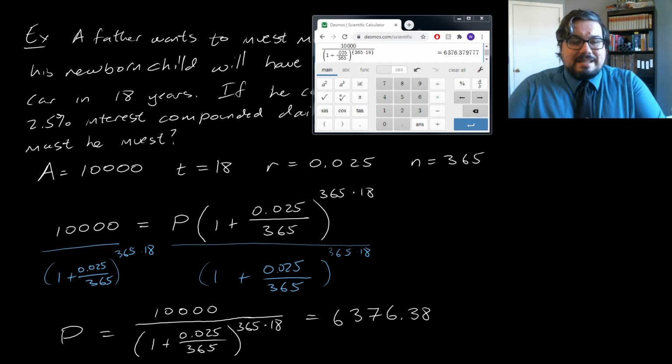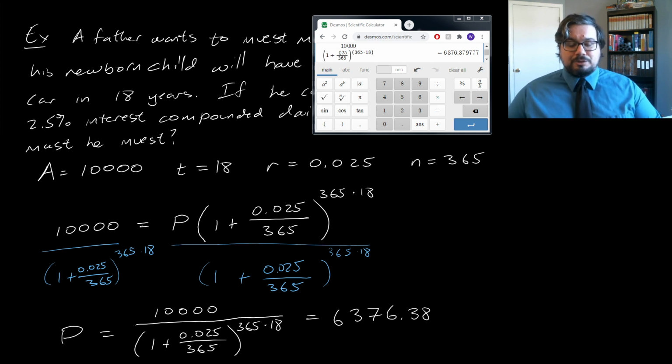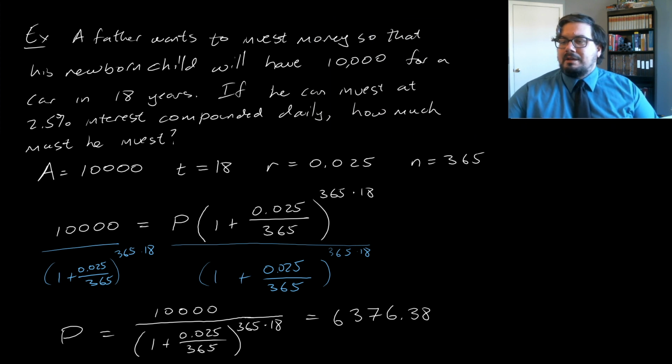So this is one of the most important uses of exponential functions. Now, one thing that you will find if you run a few examples is that the more often you compound your interest, the more money you have at the end.